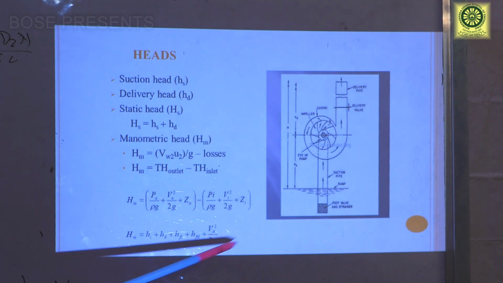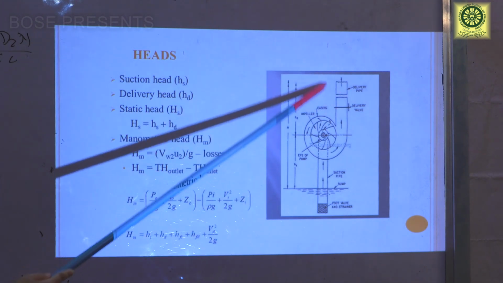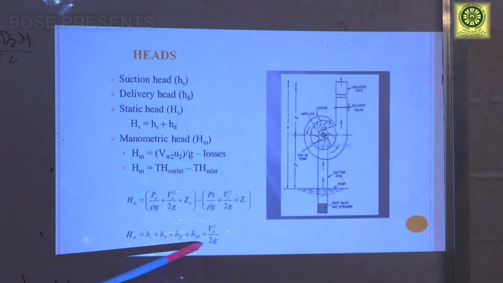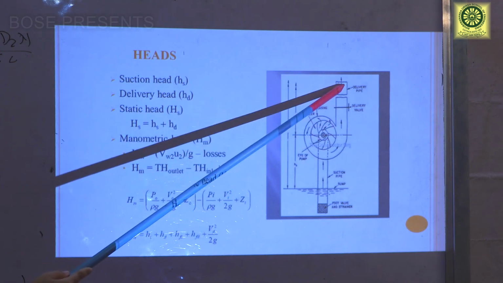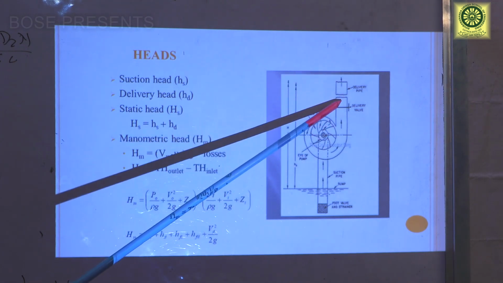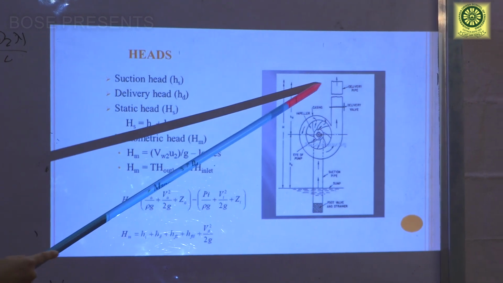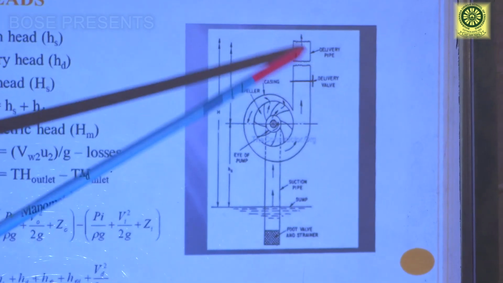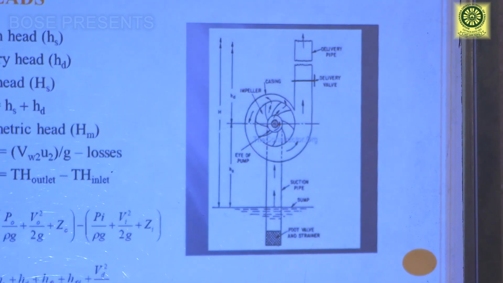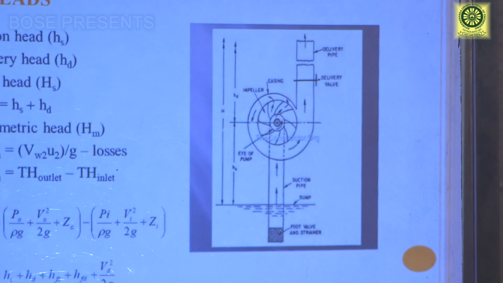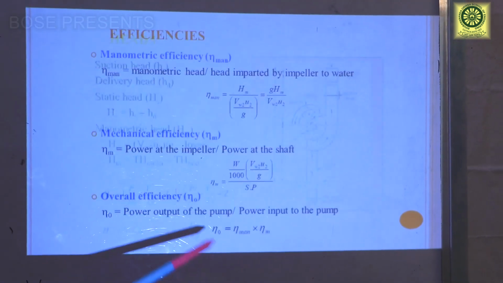And lastly, the velocity at the delivery pipe is also considered a loss, because here we have higher velocity, but if you abruptly stop the delivery here, the velocity is lost. That's why the velocity is also considered a loss at the delivery pipe.